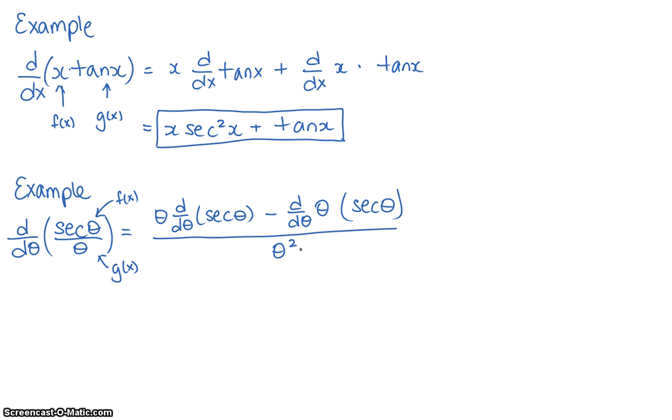So you do need to know what the derivative of secant theta is. The derivative of secant theta is secant theta tan theta. So we'd have theta times secant theta tan of theta, minus secant theta. The derivative of theta with respect to theta is just 1. And that whole thing is over theta squared.